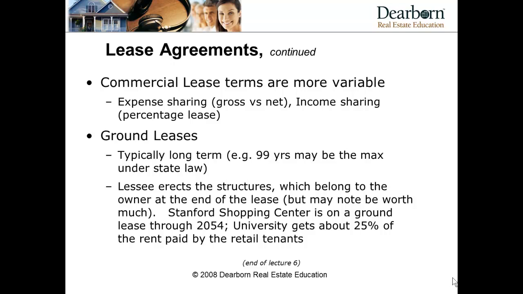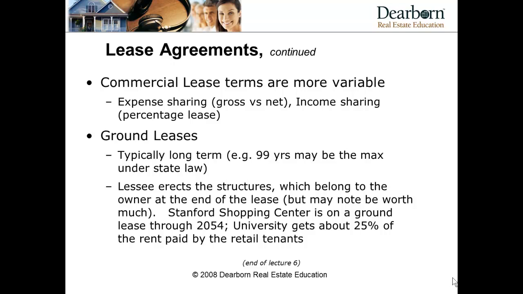Some commercial leases also include some income sharing percentage, where a percentage of the sales constitutes rent as well. Now, another type of lease that's typically done in the commercial world is what's called a ground lease. What's unique with the ground lease is typically for a very long term. The maximum that a state will allow, typically say 99 years here in California. And as the title implies, the ground lease is initially typically just for the ground, for the land, and then the lessee, the person that signs the agreement, builds the structures.